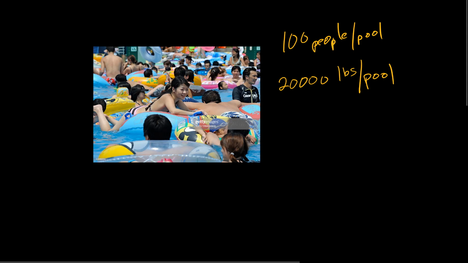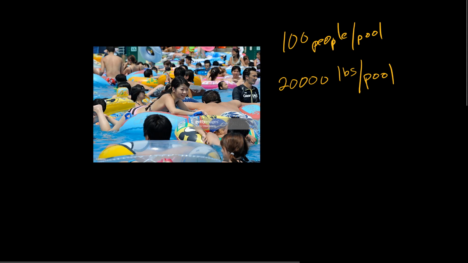But what if we took all of the mass of what's inside of that pool, including the water and the people, and let's call that a solution, because a solution is a mixture between a solvent, which in this case would be water, and a solute, in this case people. Let's say we were trying to figure out what percent of the mass of that pool is people, and what's the total.